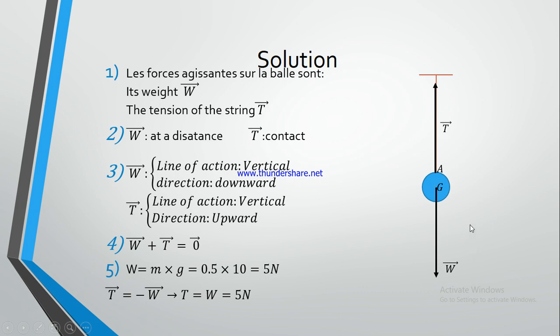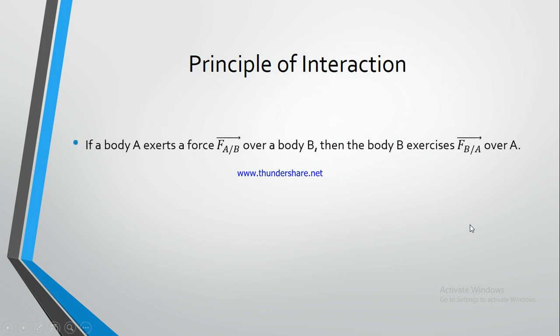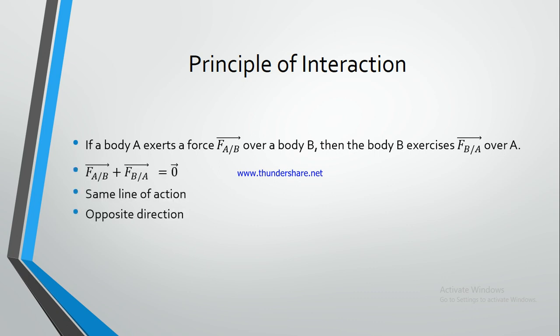So this is what we mean by interaction. If an object A exerts a force on an object B, then the object B exerts a force on A. These two forces have the same line of action, opposite direction, and the same intensity.